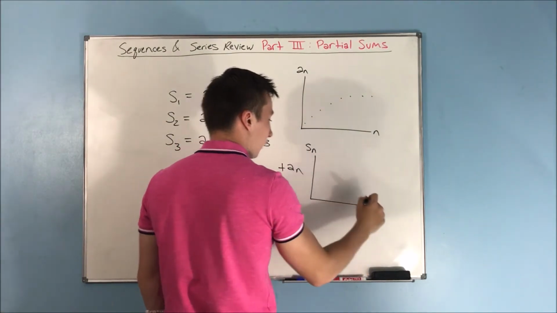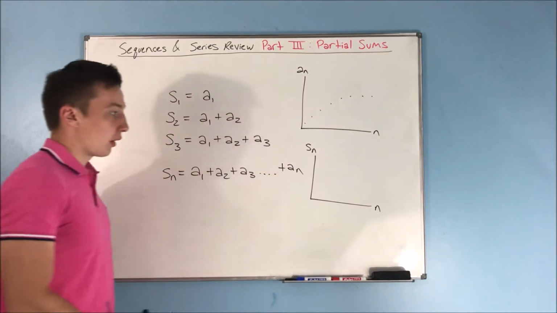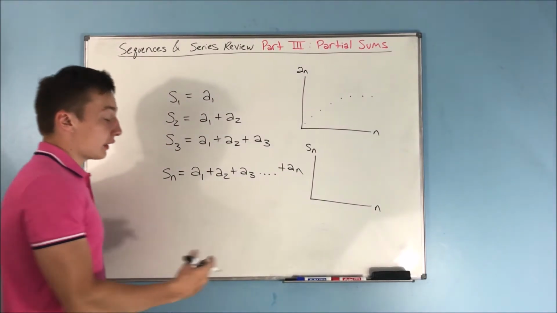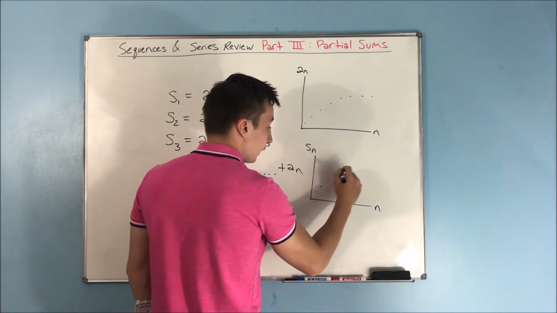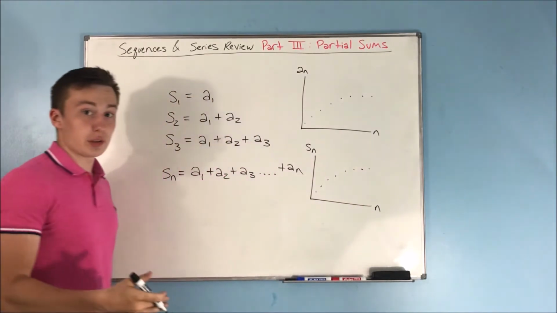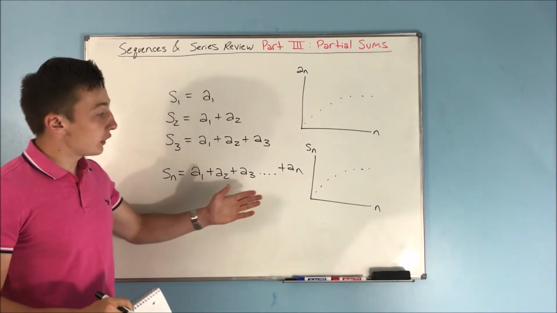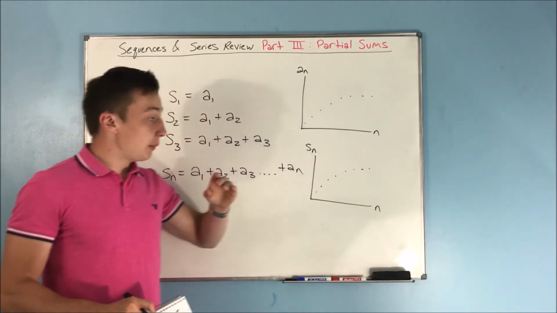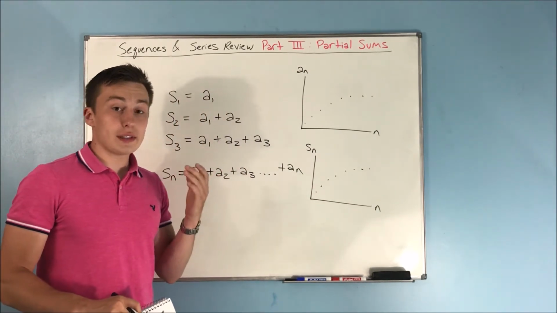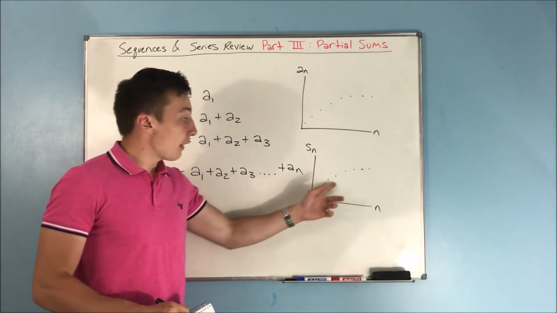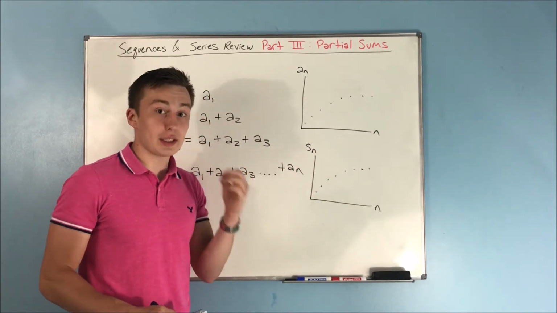So you have S sub n versus n, and this can tell you whether the series is going to converge or diverge, right? Are all these numbers going to add up to be a finite value, or are all these numbers going to add up to be an infinite value? And this graph of partial sums is going to tell you that.